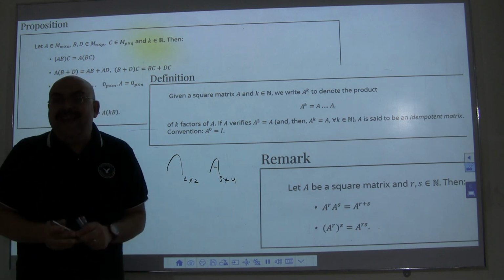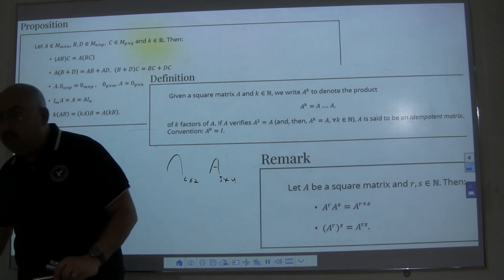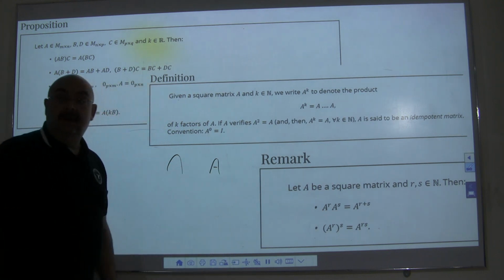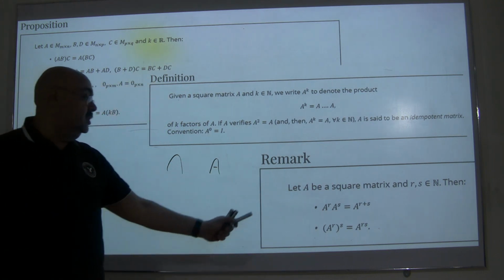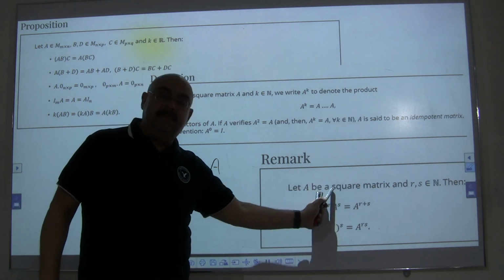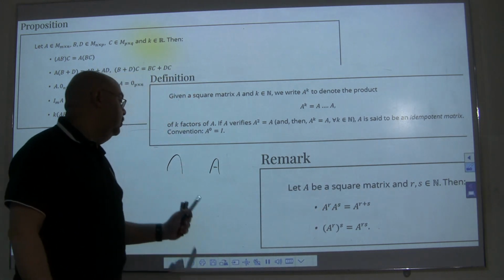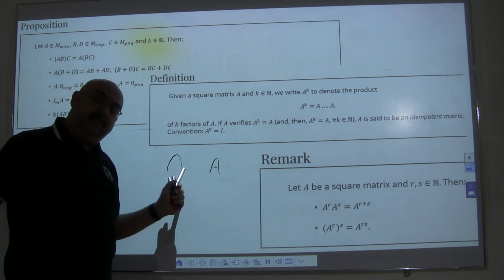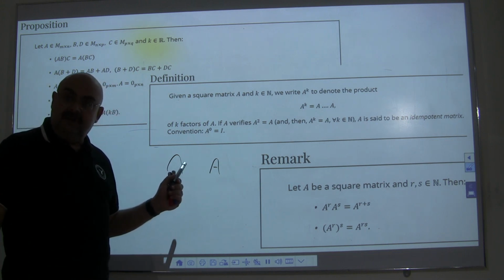It means all types of matrices. If I say let A be a square matrix, I'm talking about all the types of matrices with the number of rows equal to the number of columns. Okay?